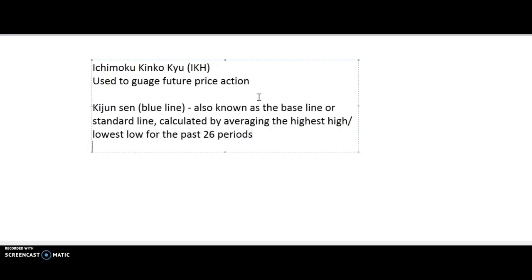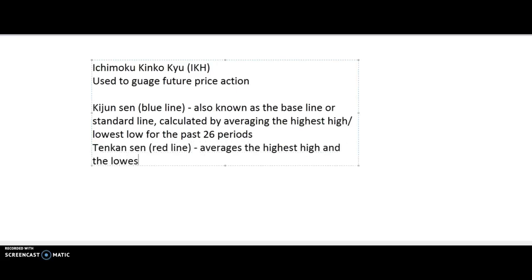Following the Kijun Sen line, we have the Tenkan Sen, and this is your red line, which averages the highest high and the lowest low for the past 9 periods.